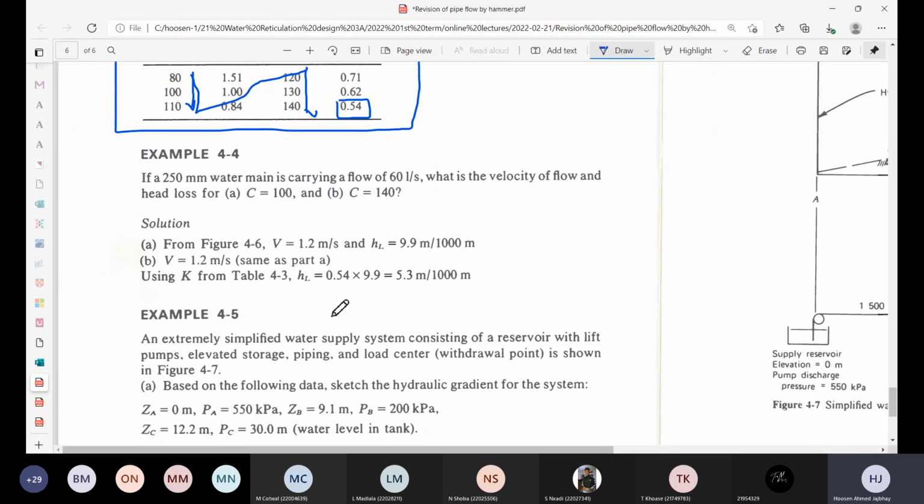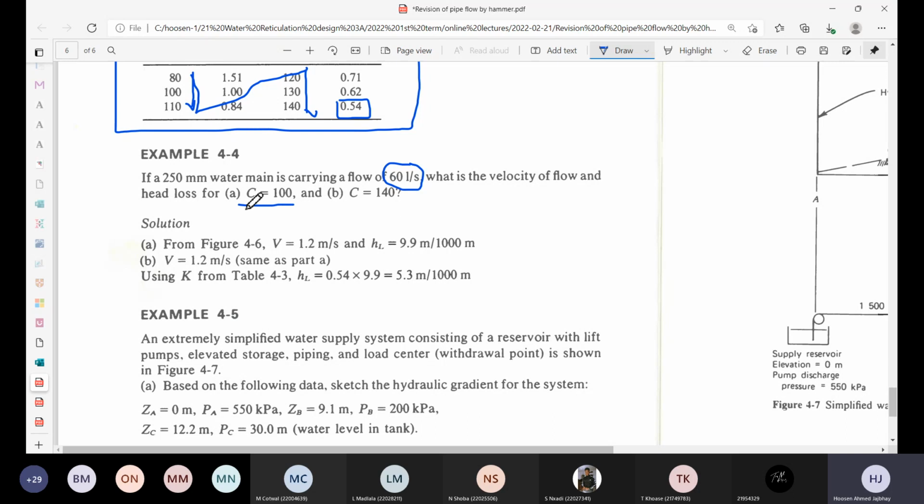There's example 4.4, and exactly what I've explained to you. I'll leave it to you to go through this and apply it. It's the same application over here. So you've got a 250 diameter pipe, you've got the flow that's required in the pipe, 60 liters per second, and this time you're asked for the velocity of the flow and the head loss, for C equals 100.